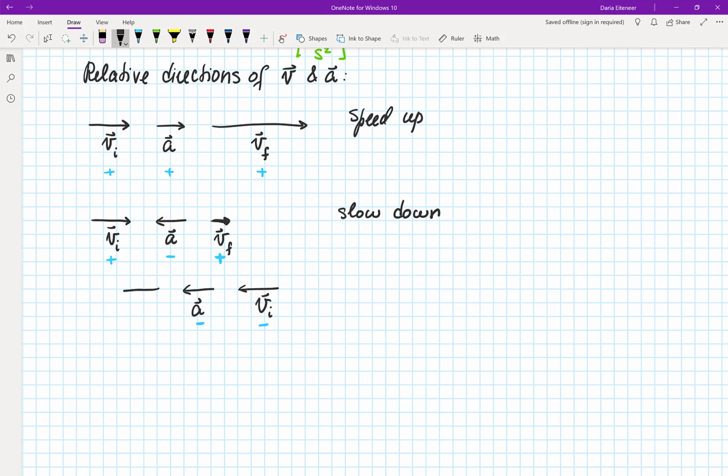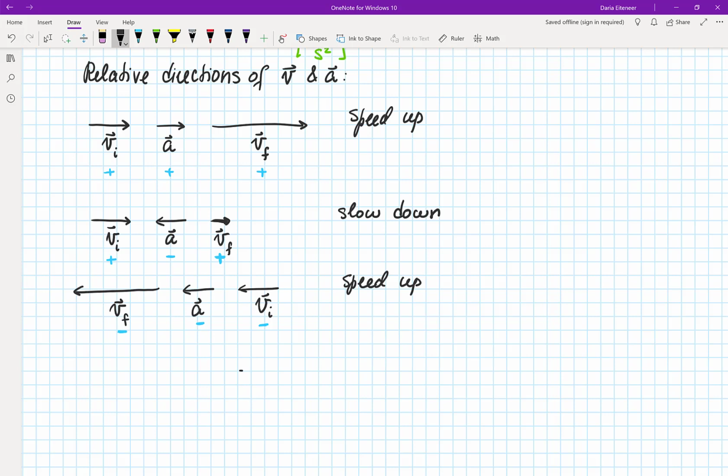In this case, this negative acceleration is actually not deceleration. It's still acceleration. That's why physics language is a lot more precise and a lot less confusing. So we're just saying negative acceleration. That's it.